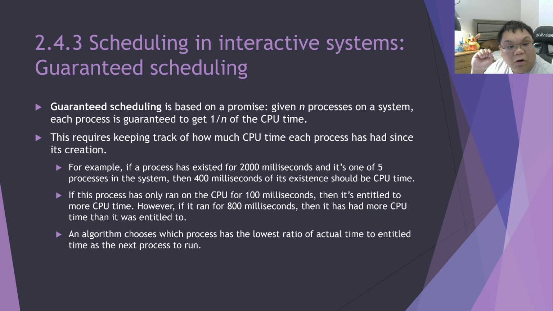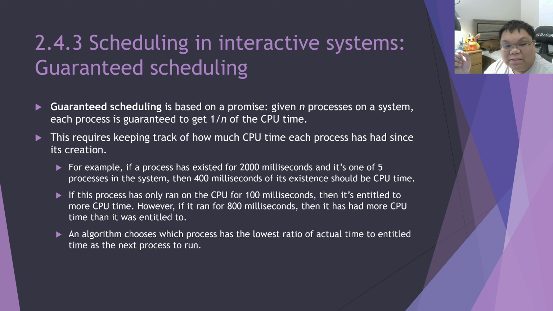If we find out that process had only ran for 100 milliseconds, then it's entitled to more CPU time, just to make up for the fact that it had missed out on some compute time. If it had ran for 800 milliseconds, then it got more time than it was supposed to. We have an algorithm that chooses which process to run next based on this.